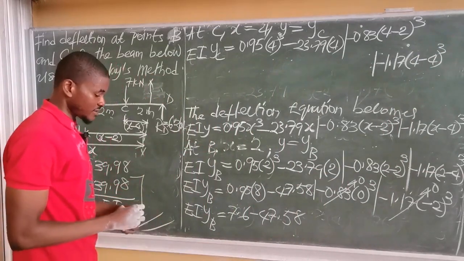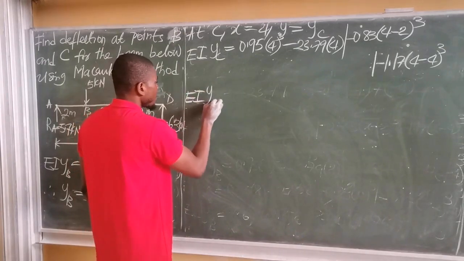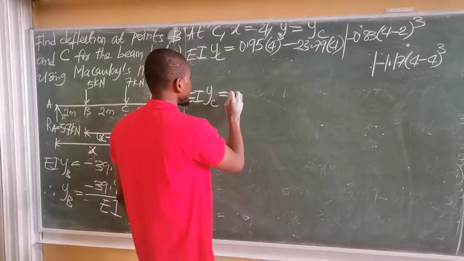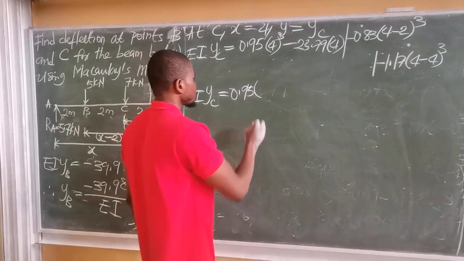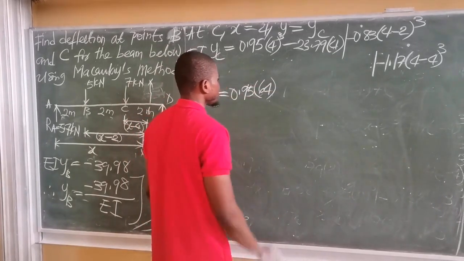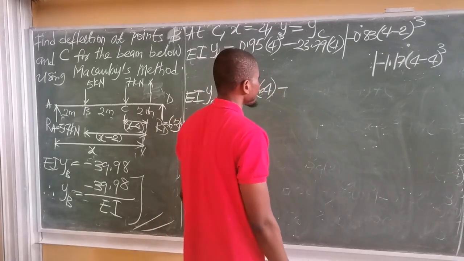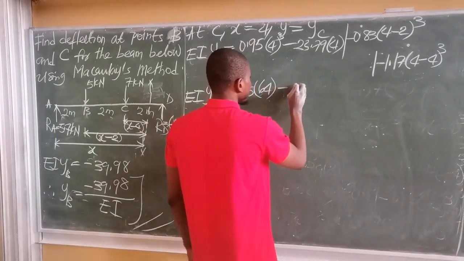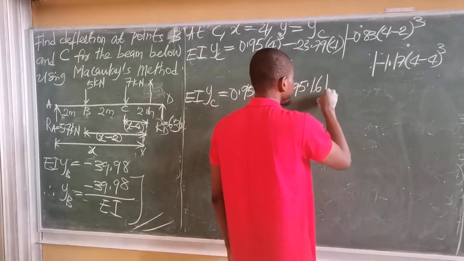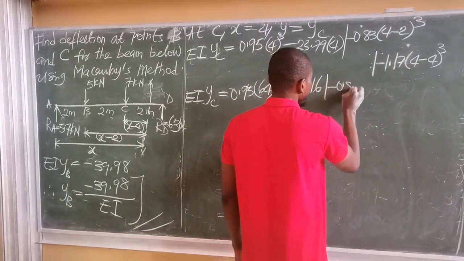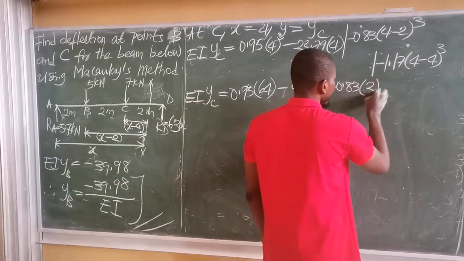So let's evaluate now and see. Okay, so we have EI YC equals, so this is 0.95, 4 cubed is 64, minus 23.79 times 4, so we have 95.16 minus, put your Macaulay's bracket, minus 0.83 into, here I have 4 minus 2, which is actually 2 and is positive.